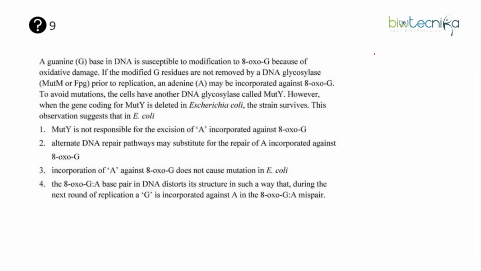So just imagine there was a guanine against which you should have got a C, right? But this got modified to 8-oxoguanine. 8-oxoguanine structure is such that it will incorporate adenine as its complementary base. So there's a major change here.